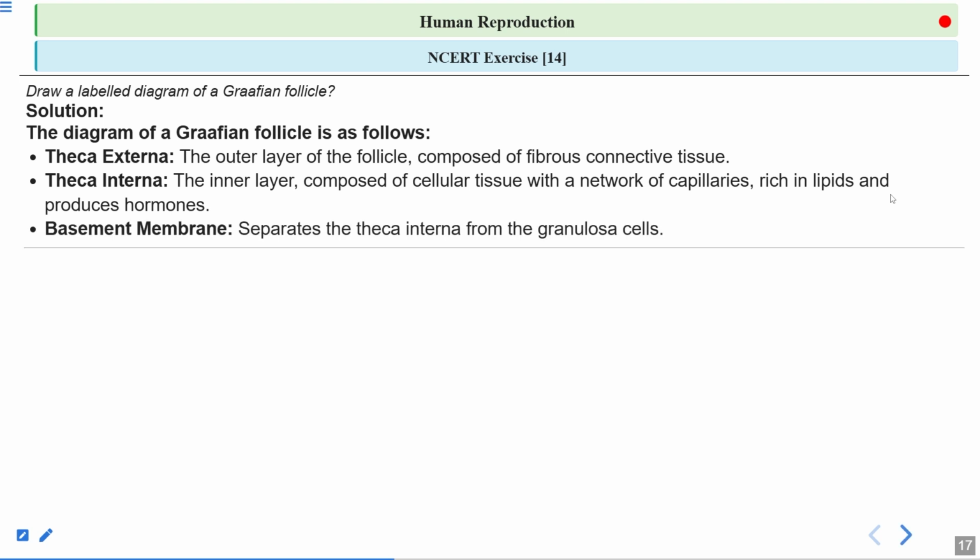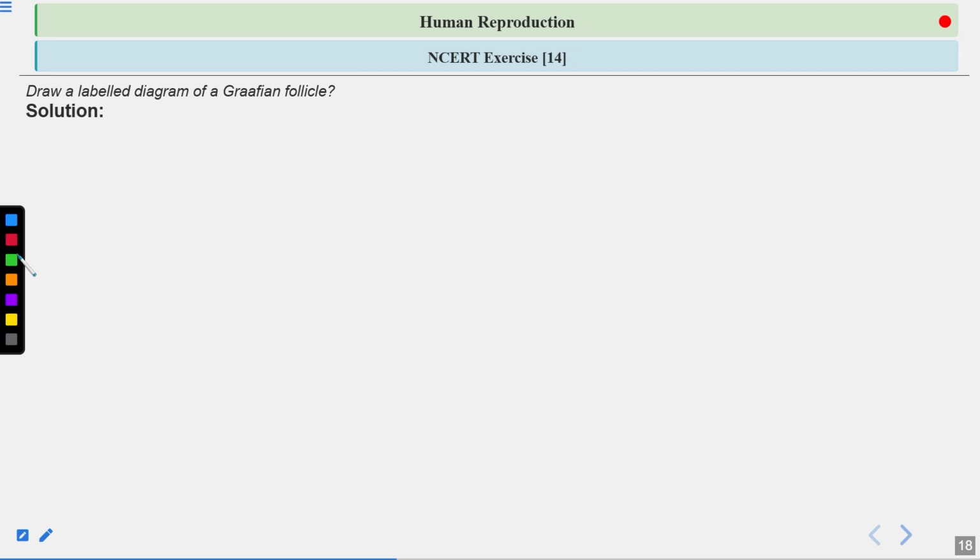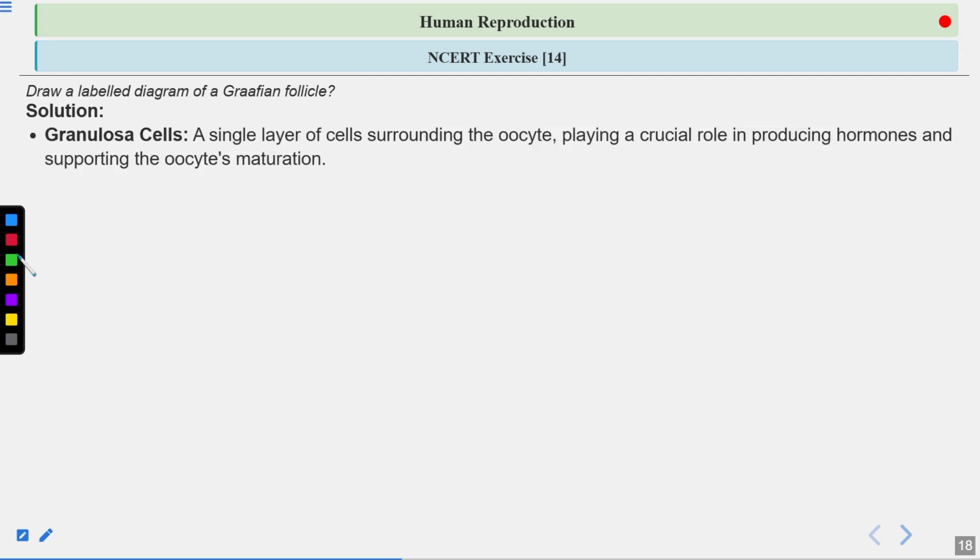Then there is a basement membrane which separates the theca interna from the granulosa cells. Granulosa cells are also known as the follicular cells. These granulosa cells surround the oocyte.